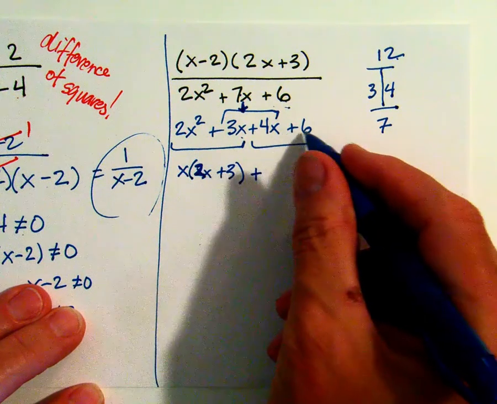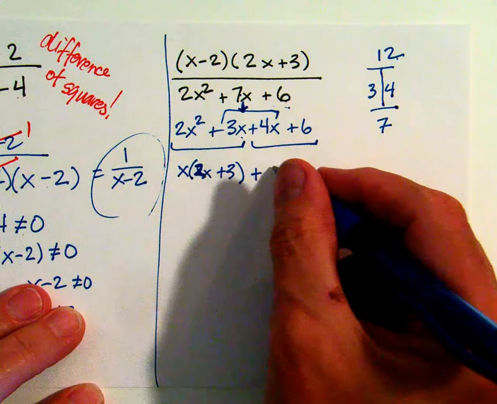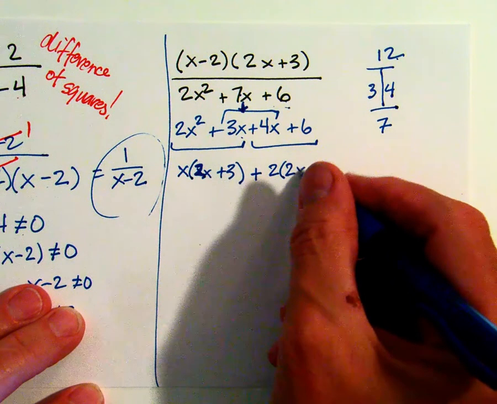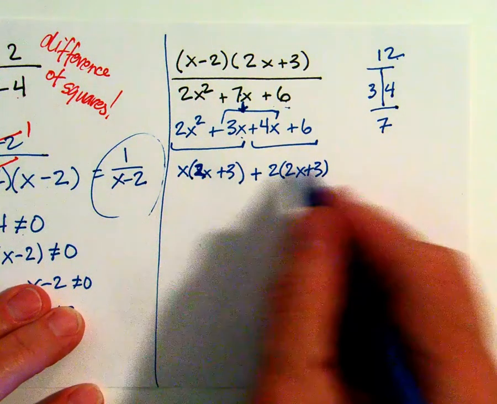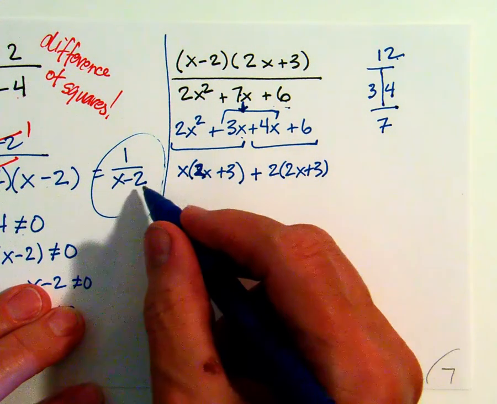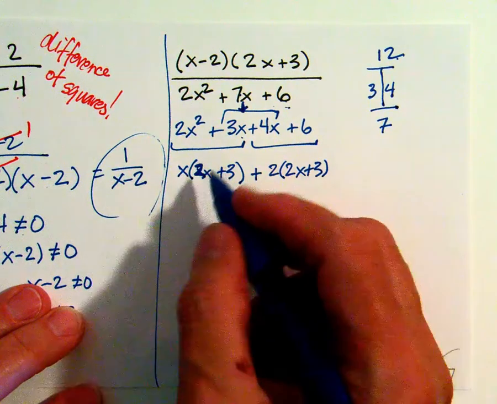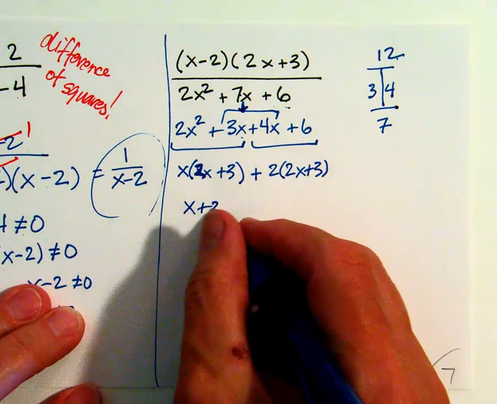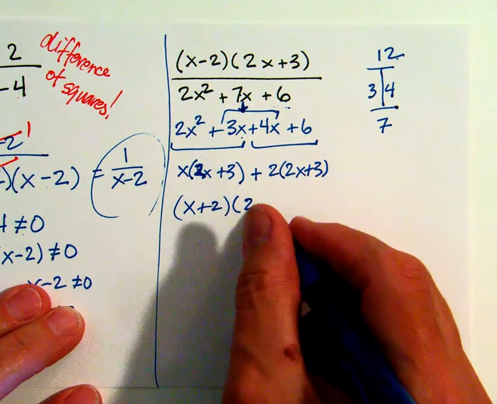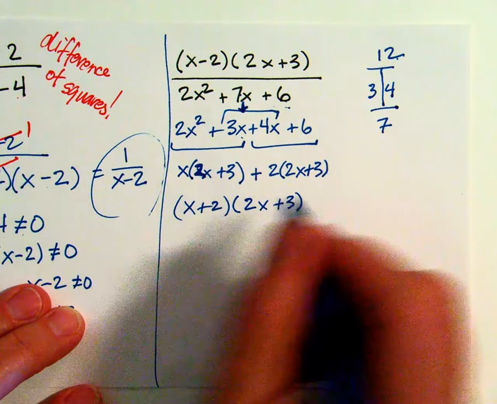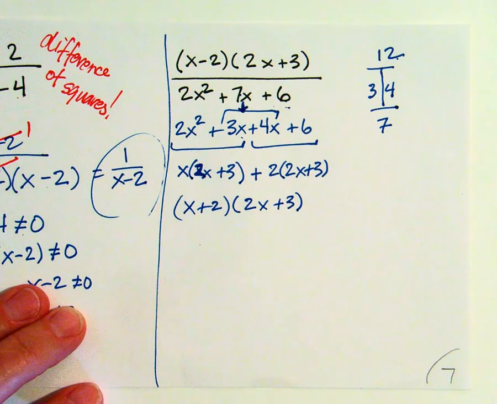Both of those have a 2, and what's left is 2x plus 3. Oh, it worked. I got a 2x, the same thing in parentheses. So I'll factor out, undistribute the other ones, and that gives me this. So that's my denominator. That's my denominator.